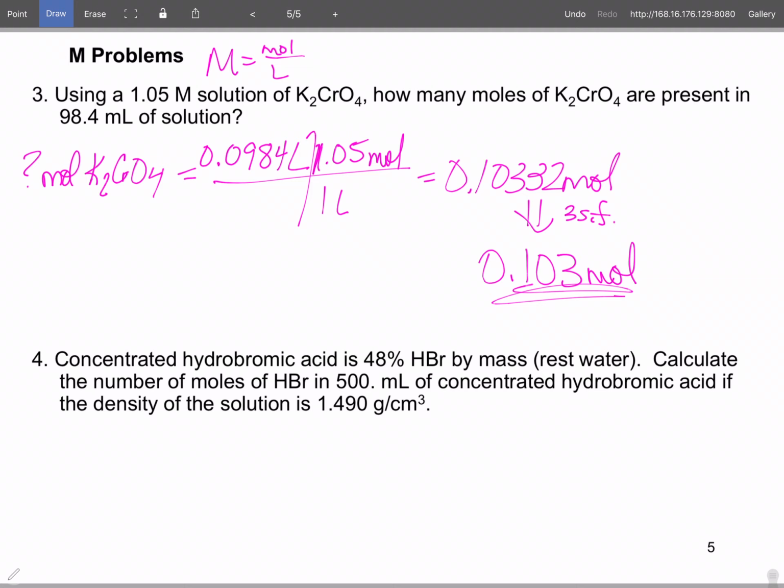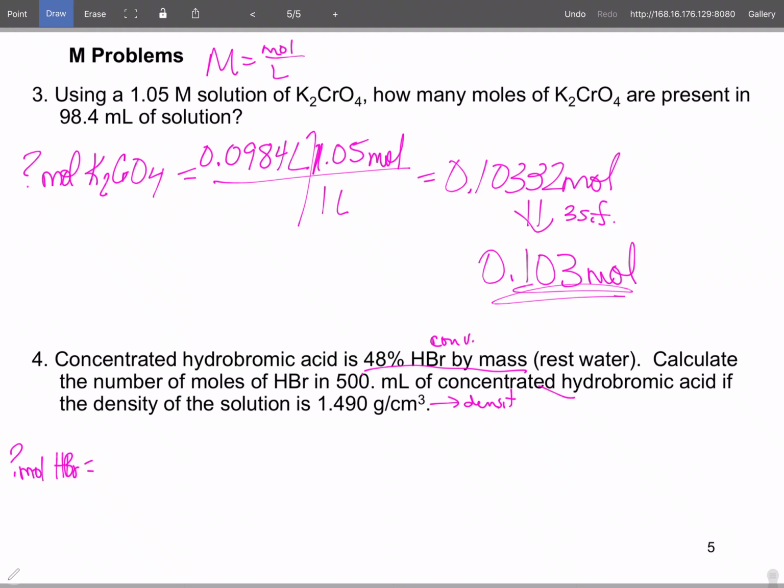We're starting with concentration. We're given a by mass amount, so that's a ratio, so that's some sort of conversion. We have a concentration there, we have a density here, and so what we want is the number of moles of HBr. And we're given it in a concentrated solution.